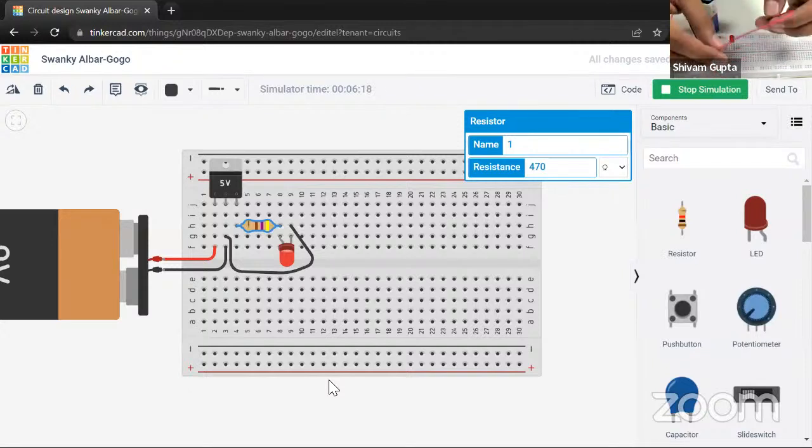I have this jumper wire with me, so I will be connecting one end of the jumper wire below the negative leg of this LED, and the other end I will be connecting here, the ground pin of our 7805 voltage regulator.